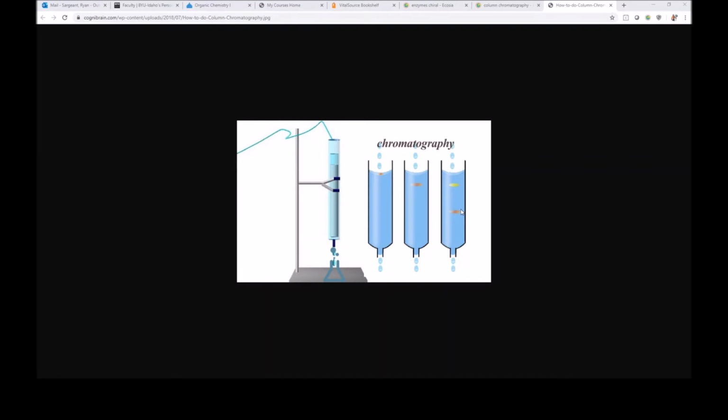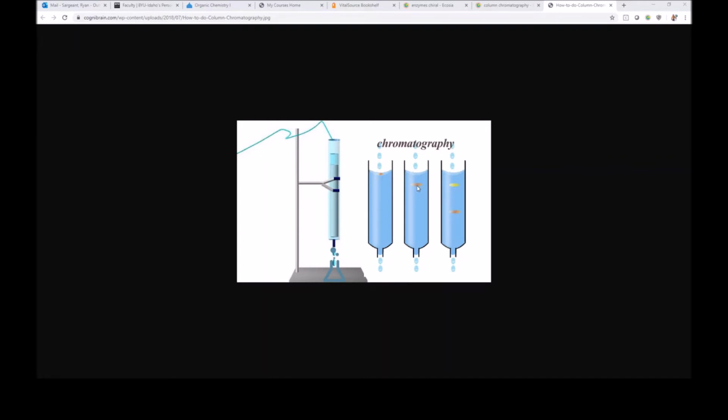Now the question you should ask is, why does the brown compound move faster than the yellow? Again, the colors are arbitrary, so there's nothing inherently different between brown and yellow here. But this silica resin right here is generally quite polar. So the compound that tends to be more polar of the two will work its way through the column more slowly.